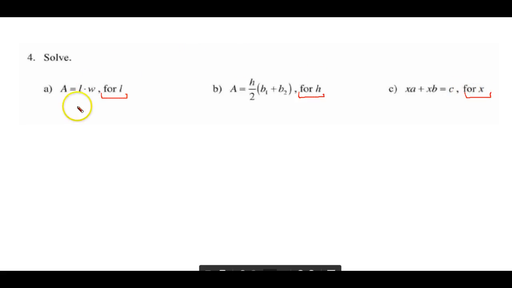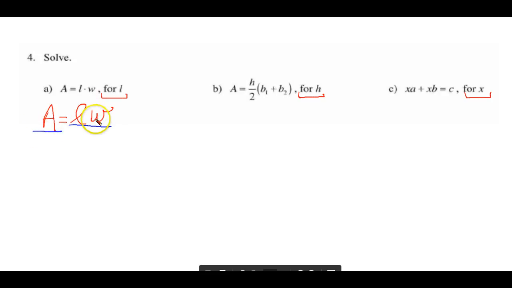So, we have here, and I'll write it again, A equals LW. So this is L times W. How do we get rid of the W? Well, when we have factors like this, we just divide them out.